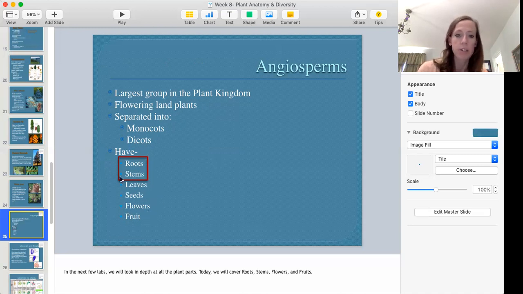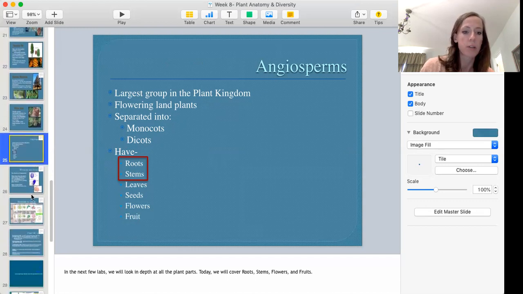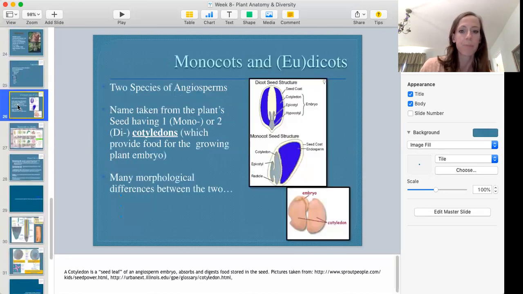Today, we are just going to look at the roots and the stems. In the next couple weeks, we'll look more closely at leaves and stomata, seeds, flowers, and fruits. So we'll look at those later, but today we're going to focus on roots and stems. All right, so monocots and dicots.